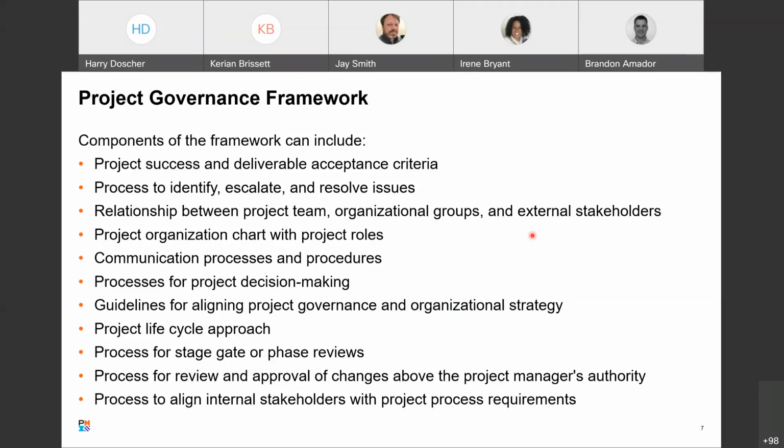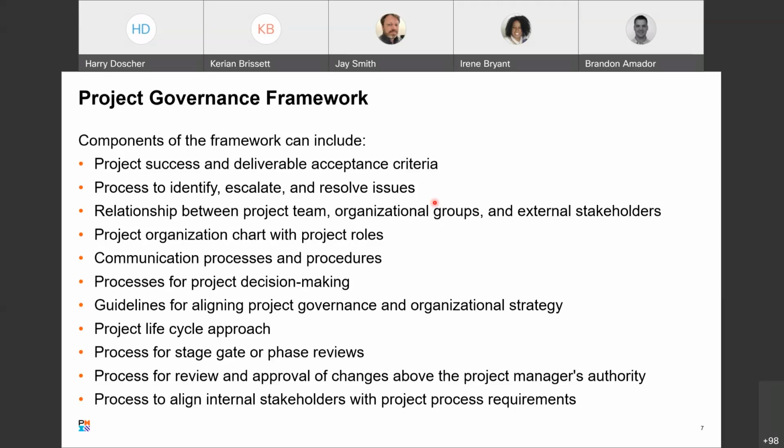And then the relationship between the project team, organizational groups, and external stakeholders. So this is talking about how the project team works with any of the other groups here, organizational groups, that's any teams within the enterprise that would provide anything to you. I know in a lot of the telecommunication software projects, any of the new things usually depend on some of the legacy systems being involved.